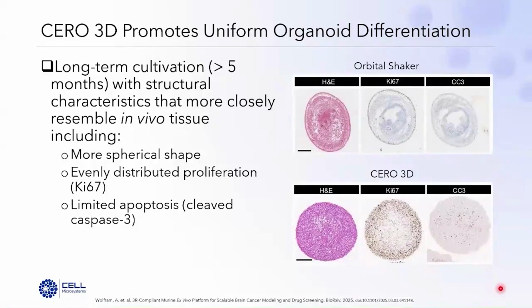So they were, number one, more spherical in shape, which you can see here, the difference between the Zero and the orbital shaker. In the Zero organoids, the distribution of Ki67, indicating proliferation, was found throughout the organoid body, whereas in the orbital shaker organoids, that Ki67 was only present on the rim of the organoid. They also found limited apoptosis indicated by cleaved caspase 3 in the Zero-grown organoids.